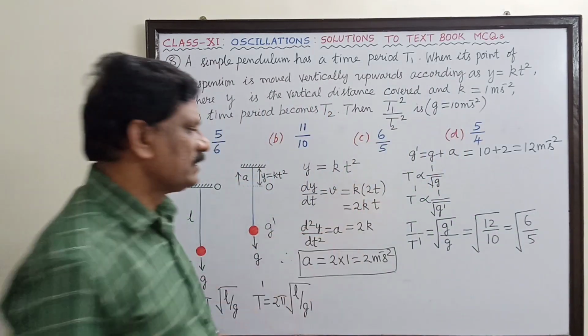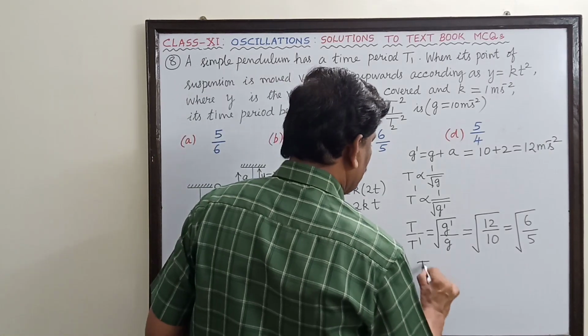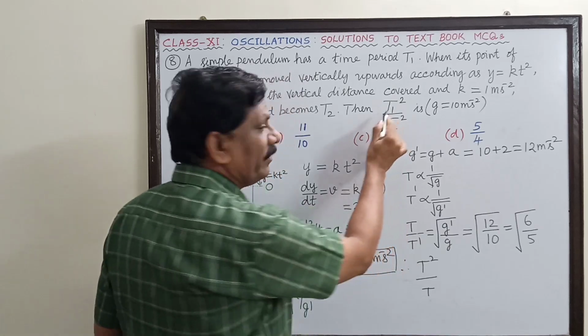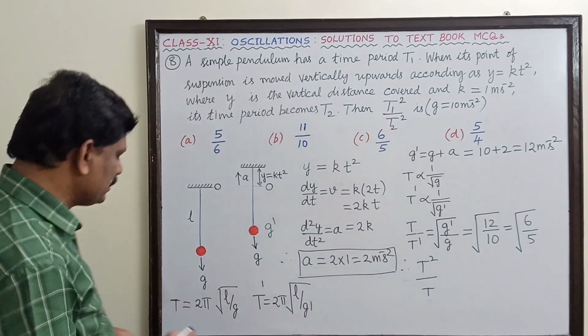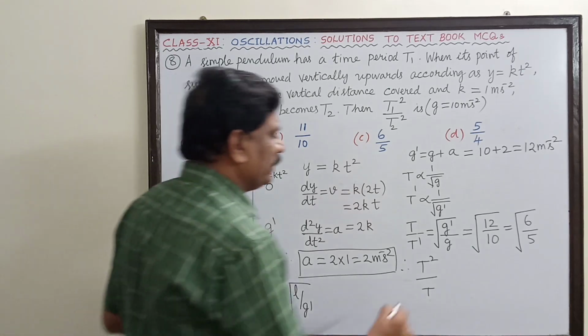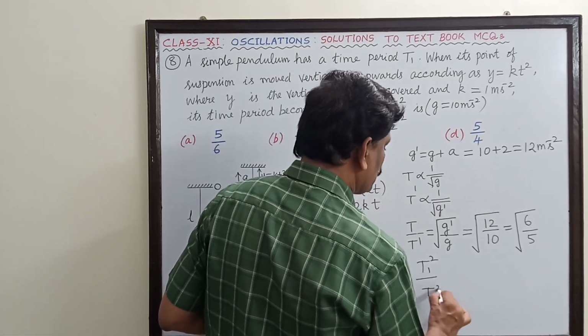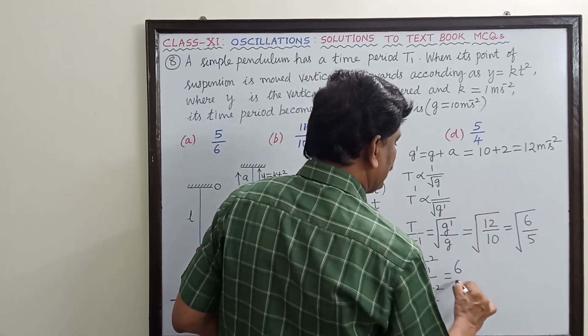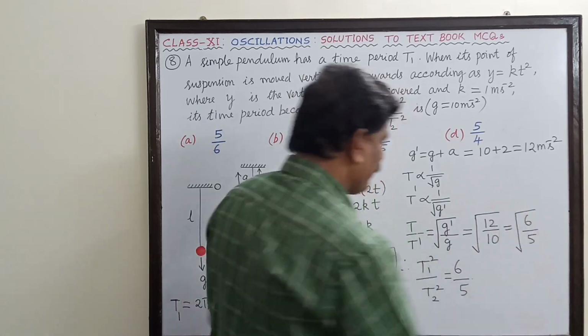Now you square on both sides. Therefore, T square by T dash square, where this is T1 and this is T2, so T1 square by T2 square is equal to, the square root will vanish, 6 by 5. That is the answer.